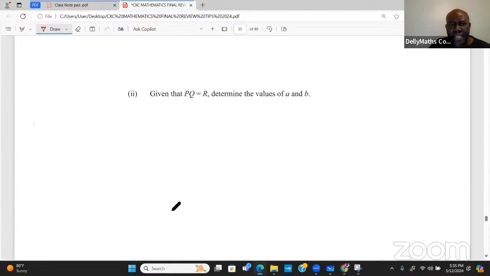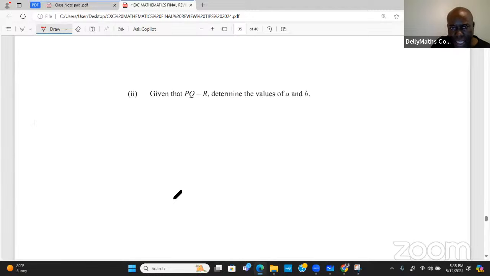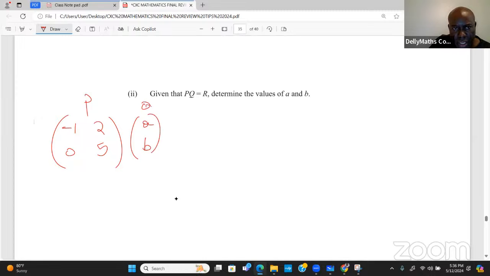The next question says, given that PQ is equal to R, determine the values of A and B. So we're going to go back for P and Q. Let me write P and Q here. P was [-1, 2; 0, 5], and Q is [A; B], and it is equal to R, which I think is [11; 15].